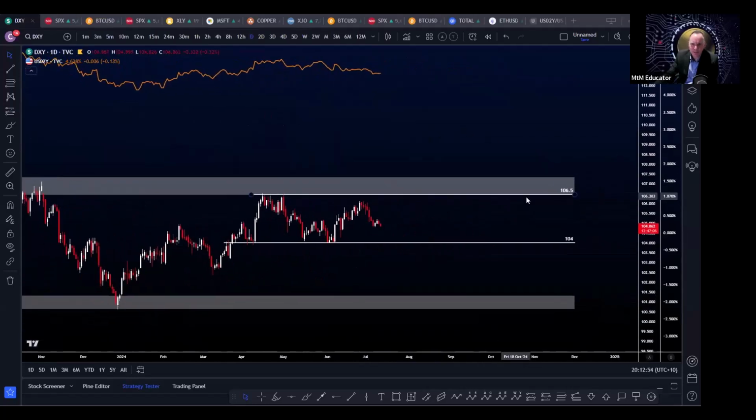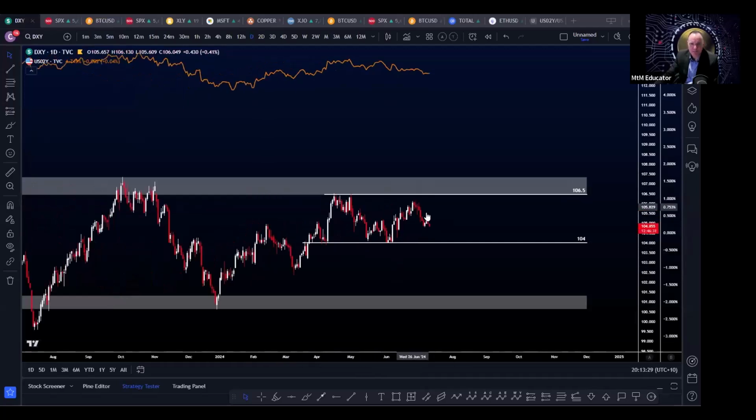If we break out above this level of 106.5, that becomes exceptionally bearish for markets: bearish for cryptocurrencies, bearish for equities, and bearish for commodities. If we break down below the support of 104, that becomes exceptionally bullish for commodities, equities, and cryptos. So as traders or people that want to see equity, cryptocurrency, or commodity prices going up, we really want to see this breakdown.